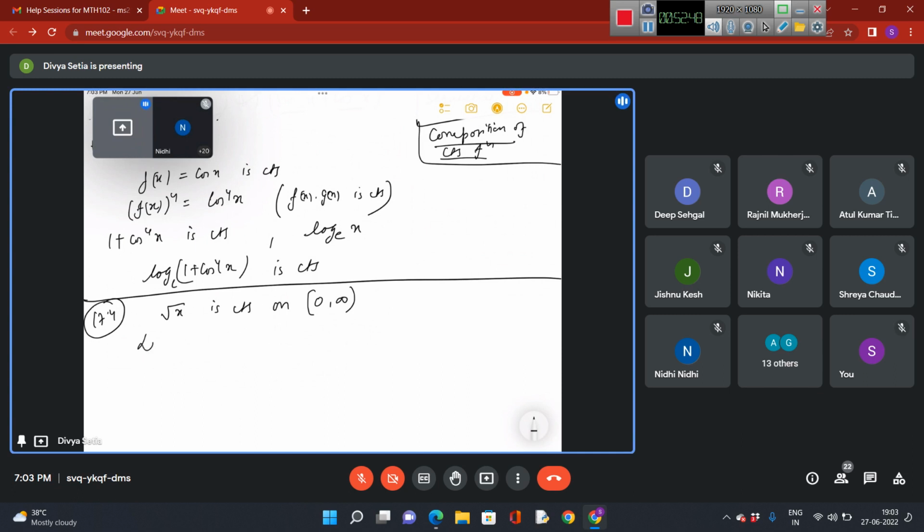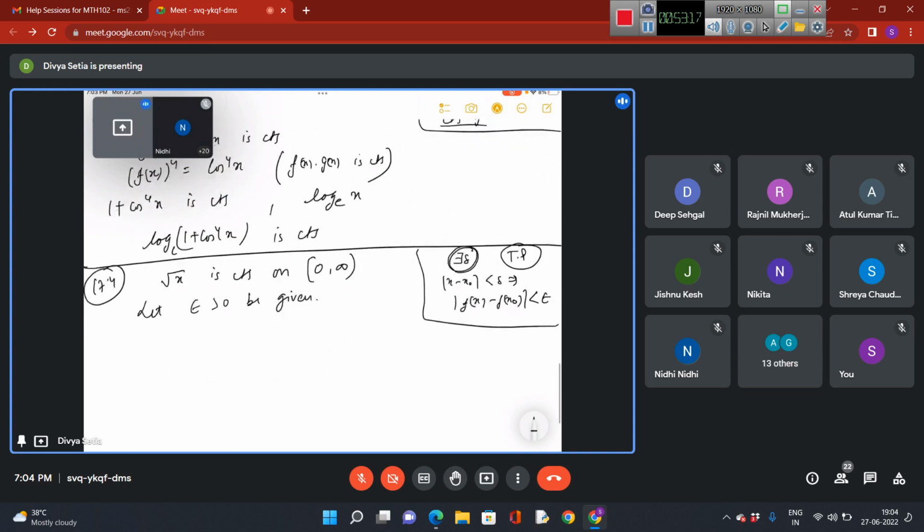Okay, so let's start with the epsilon delta definition. Let epsilon greater than 0 be given. You want to construct some delta such that whenever |x minus x naught| is less than delta, this implies |f(x) minus f(x naught)| is less than epsilon. Fine. This is what you want to prove.